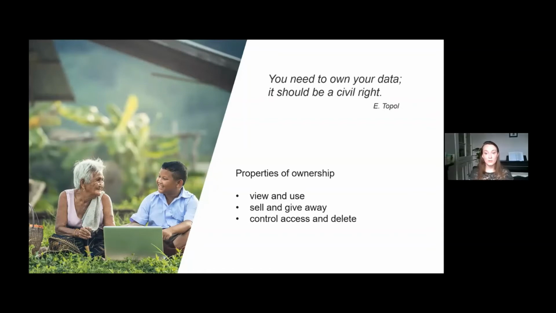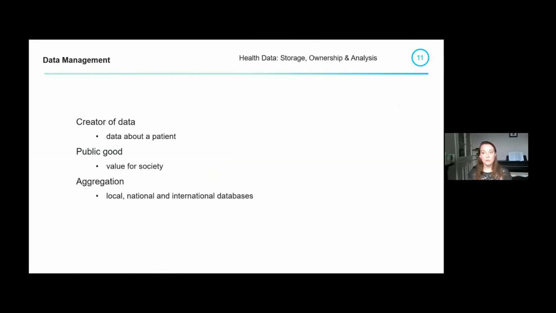So the biggest reasons, in my mind, why ownership is not really a good framework or idea for health data come from two features of it: how you derive value and how you create it. So first of all, there is a big debate about who actually is the creator of the data, since a lot of it wouldn't exist without the involvement of a medical professional who can provide diagnosis and other measurements.